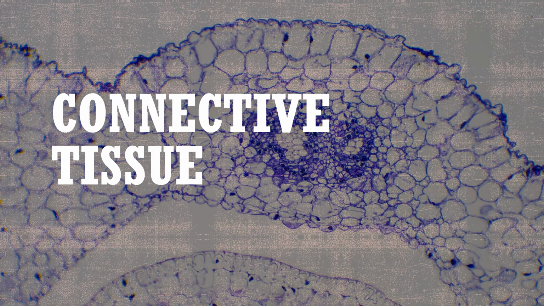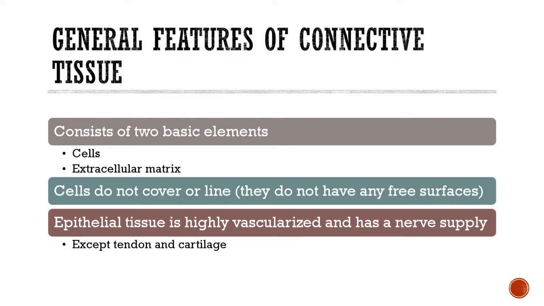So now we're going to move on and talk about connective tissue. Connective tissue is one of the most abundant and widely distributed tissues in the body, and it does have several functions.